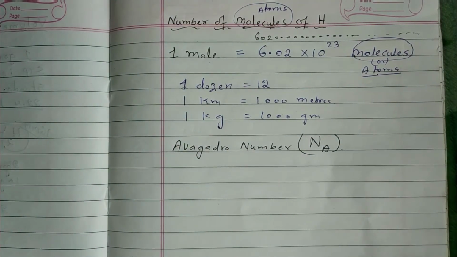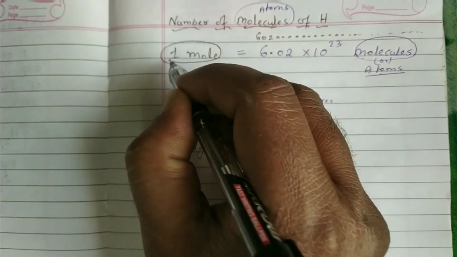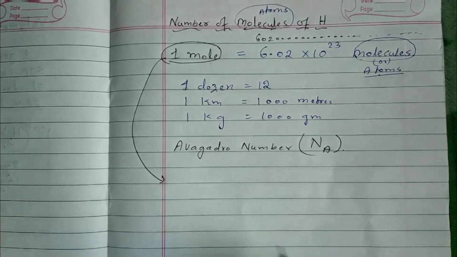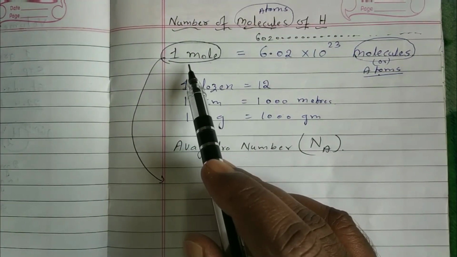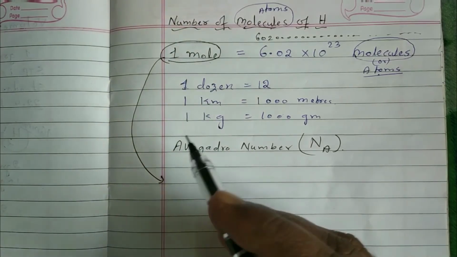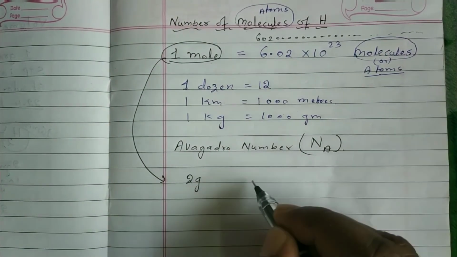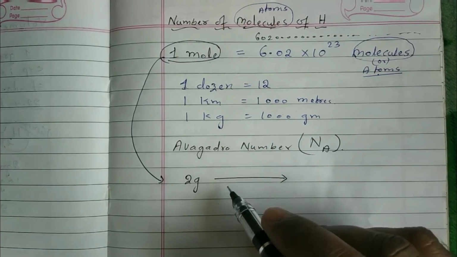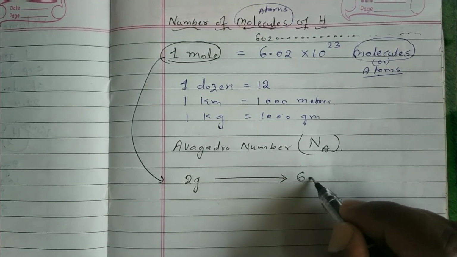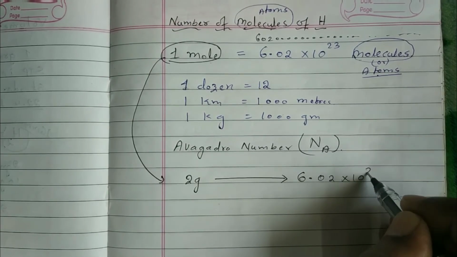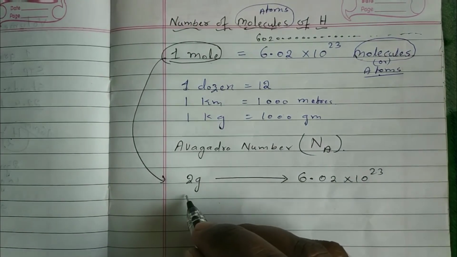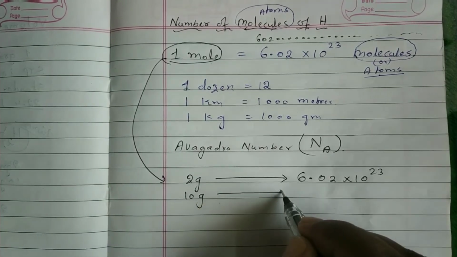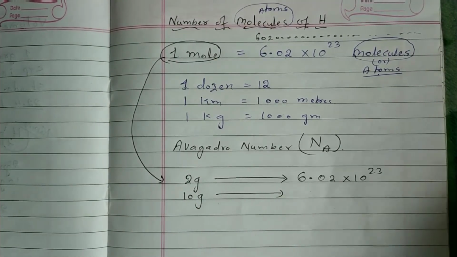Now we will use this to find out the number of molecules. Here we will come to 1 mole. So 1 mole is 2 grams of hydrogen. To 2 grams, that is 1 mole, how much it occupies? 6.02 into 10 to the power of 23 molecules. If it is 10 gram, then how much? That is our x.